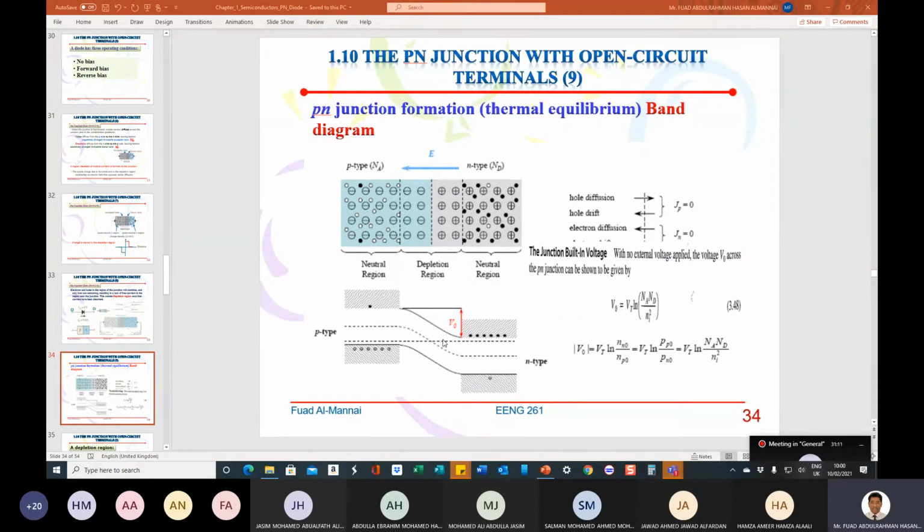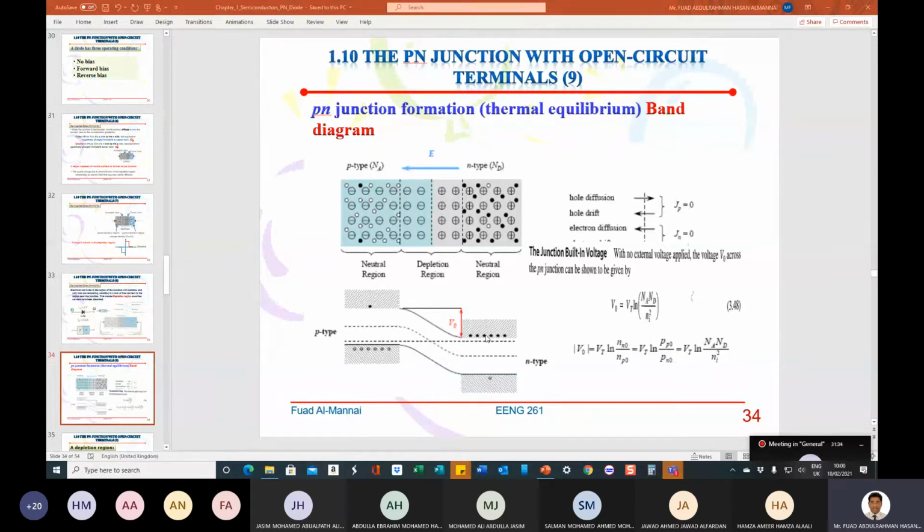They cannot cross, and that's why they call it a band diagram. It's because we created a junction built-in voltage, which is called VO.